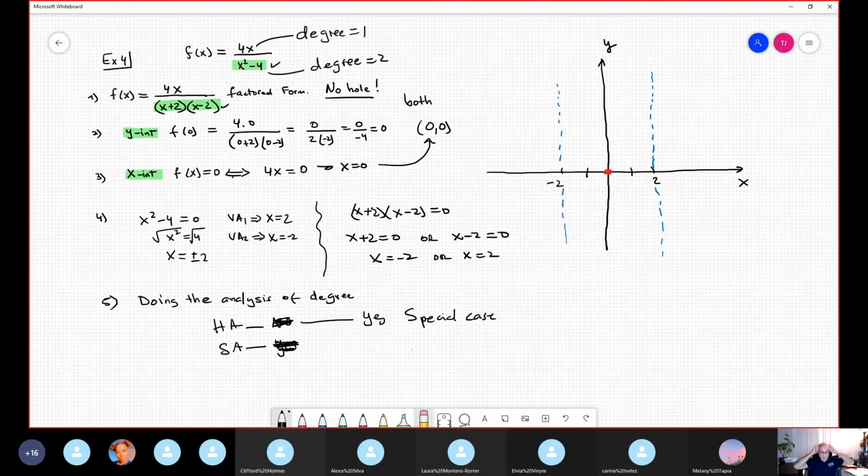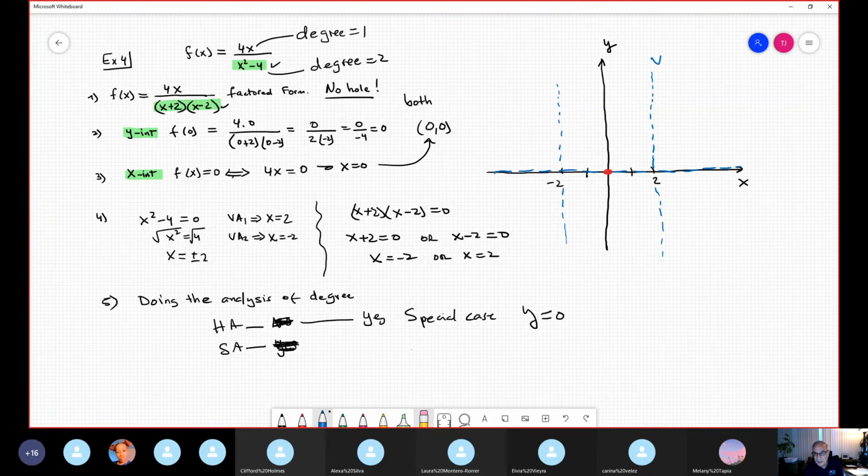But we also have one when the degree of the polynomial in the denominator is greater, whether 1, 2, 3, it doesn't matter. Then it's special, at y equals 0. This is my horizontal asymptote. So I draw the horizontal line exactly coincident with the x-axis.